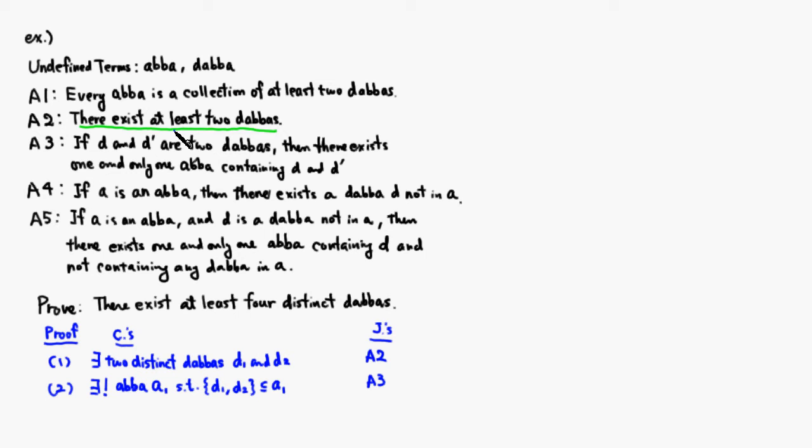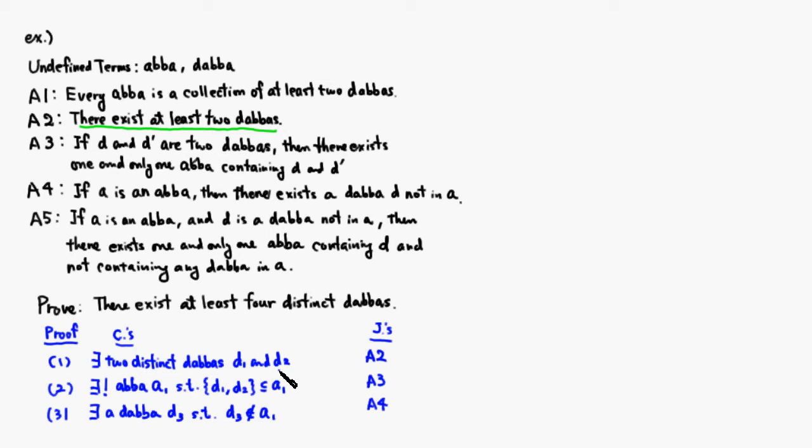Then we can find another daba, because A4 says if A is an aba, then there exists a daba D not in A. So according to A4, number 3, there exists a daba, I'm going to call it D3, such that D3 is not in A1.